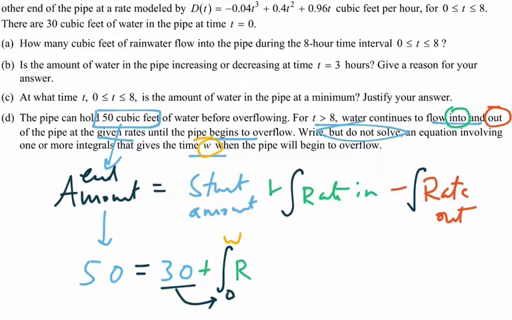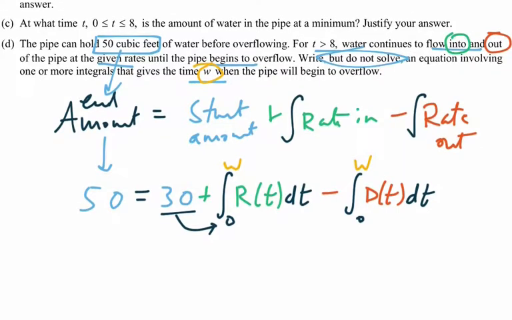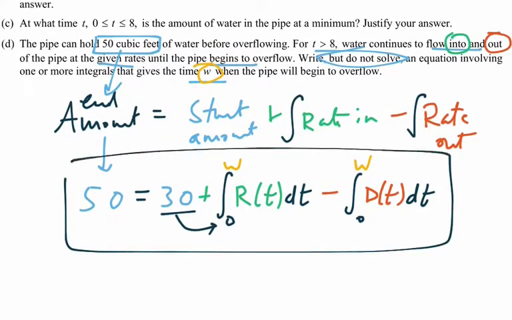And then the rate in is R of t, so all we have to write is R of t, and then minus the integral of the rate out from 0 to W, and the rate out is d of t. And again, because R and d of t are defined, we do not have to substitute. And that's it. We wrote but did not solve an integral involving the time W that would represent when the pipe was full and then began to overflow.